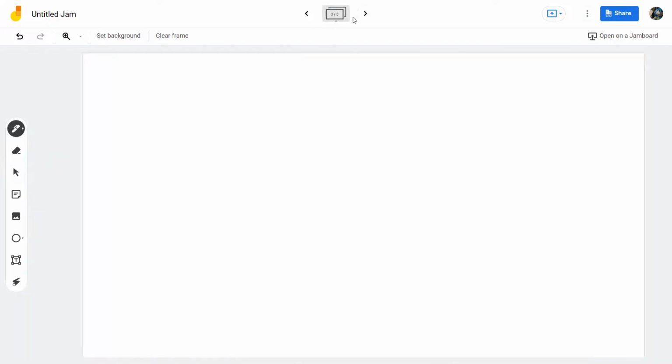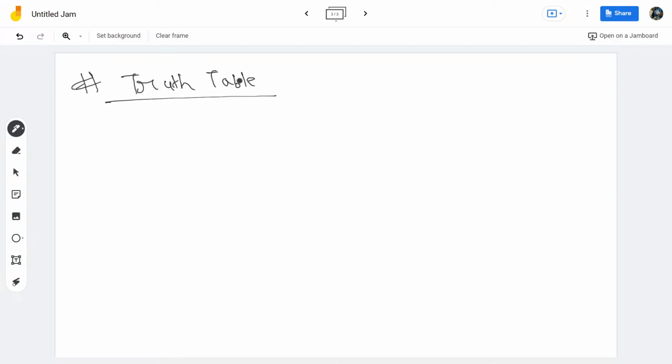Let's move forward and see one more concept, that is a truth table. We are going to deal with the following operations in a truth table.